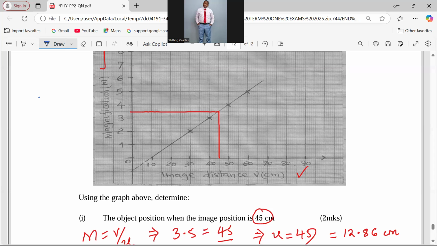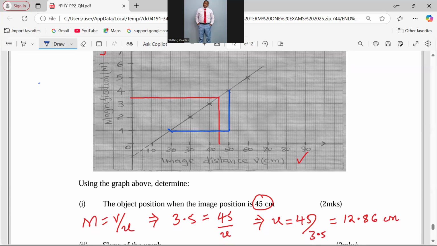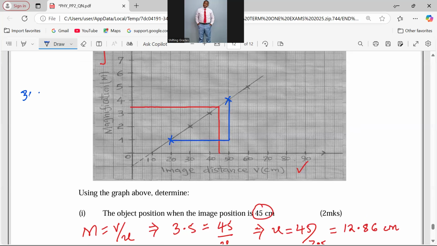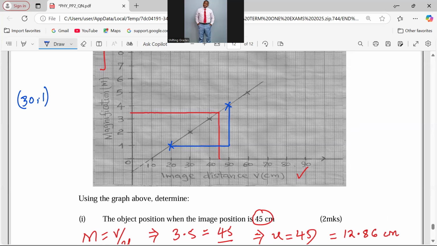So let me pick a few coordinates along this graph. I'm choosing these 2 coordinates. You can see the first coordinate at this point is 31, then the other one is 54.